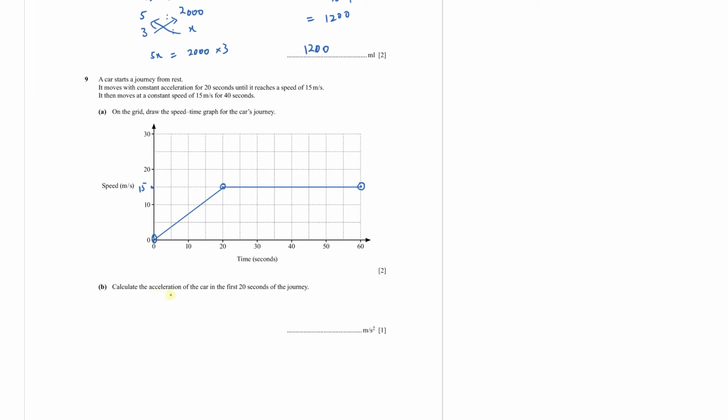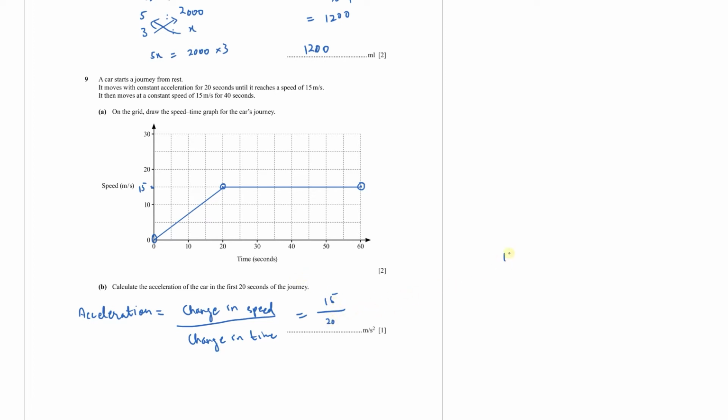Part B is calculate the acceleration of the car in the first 20 seconds. So your acceleration is equal to change in speed over change in time. So for the first 20 seconds, your change in speed is 0 to 15. So your change in speed is 15. And how much time did it take? It took 20 seconds. So this is 15 over 20.